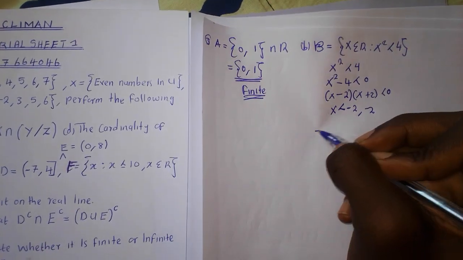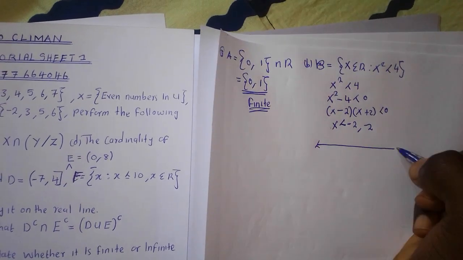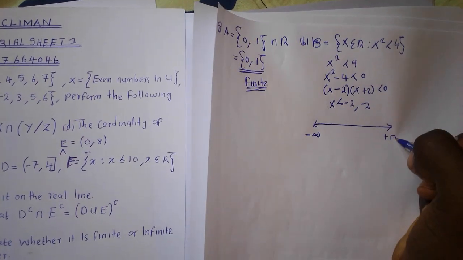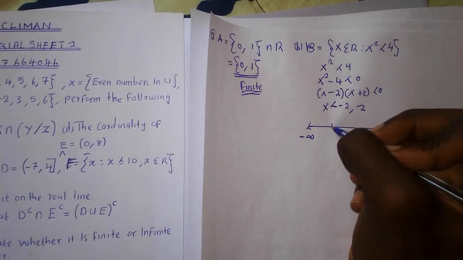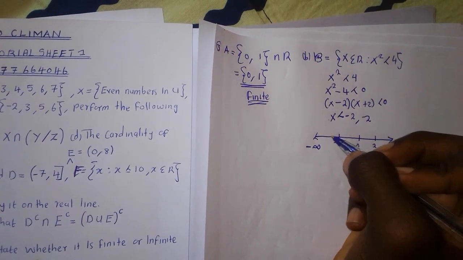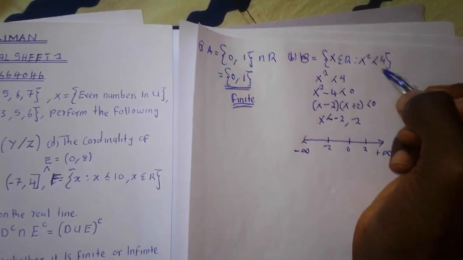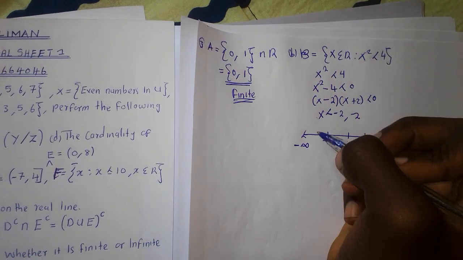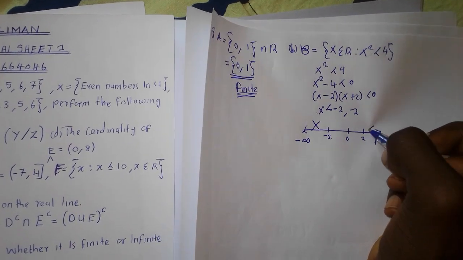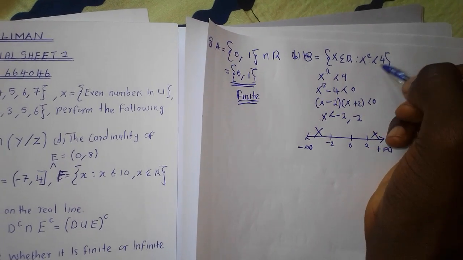If you place these on the number line, you're going to have negative infinity, put infinity this side. You're going to have negative 2 and 2 here. You discover that if you put any value where there is this, this thing won't hold because it won't be less than 4. And if you put a number here on this value, it will still not be less than 4.